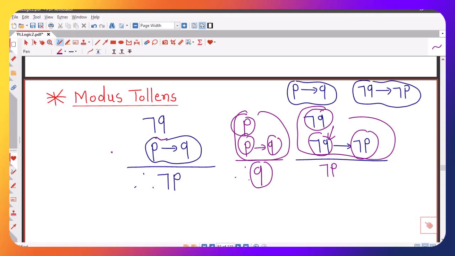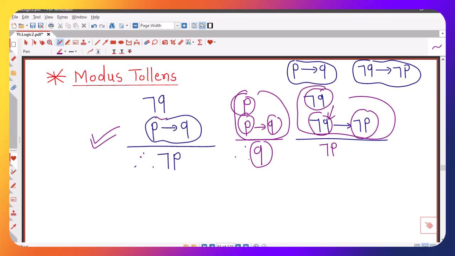So if you don't want to cram this, you can use modus ponens and you can write modus tollens. So this is another rule of inference, and if you wish you can check the validity of this rule of inference using truth table also.